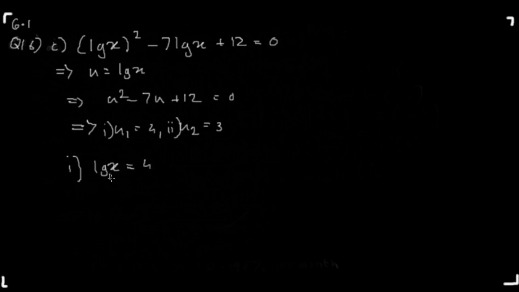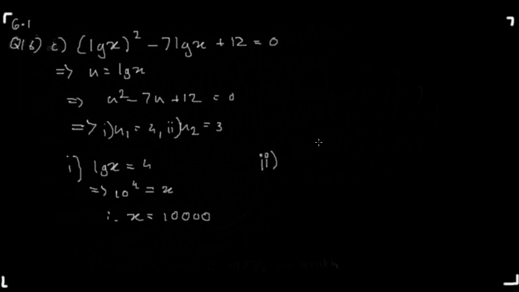So log base 10 of x is equal to 4. So what does that mean? That means 10 to the power 4 is equal to x, right? So therefore, x is equal to 1 followed by 4 zeros. Right? So 10,000.